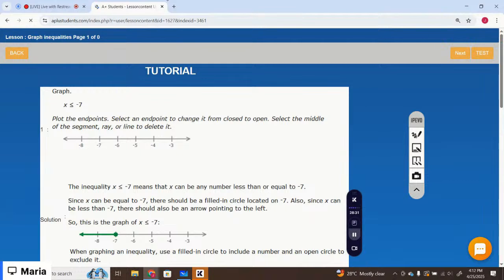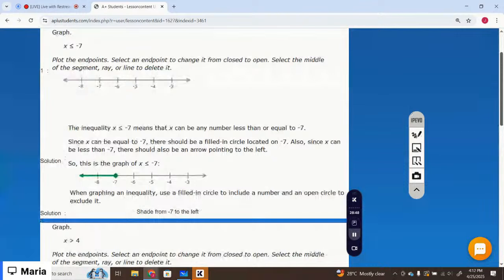Graph x is less than or equal to negative 7. The inequality x is less than or equal to negative 7 means that x can be any number less than or equal to negative 7. Since x can be equal to negative 7, there should be a filled circle located at negative 7.